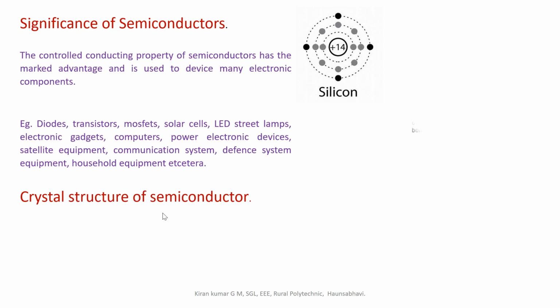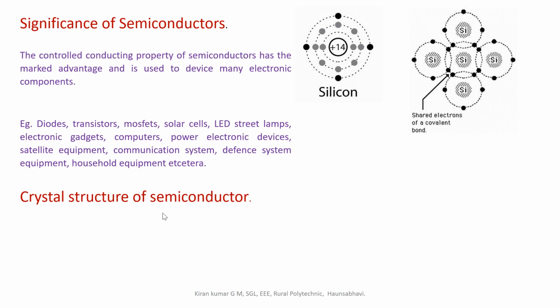Coming to the crystalline structure of the semiconductor. As I mentioned a minute ago, very good examples of pure semiconductors are silicon with atomic number 14 and germanium with atomic number 32.